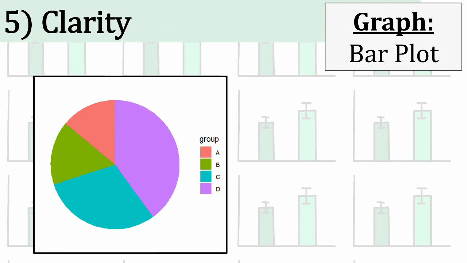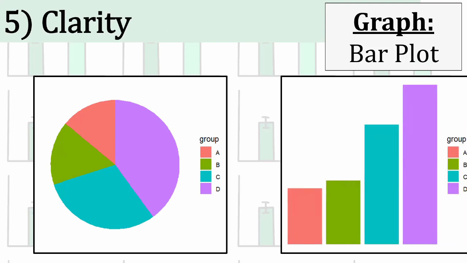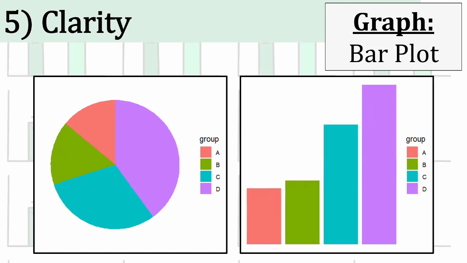Whereas with a bar plot, again I kept it simple and don't even have axes. In a good plot you would have axes, and if these were means you would have error bars. These are proportions, so you wouldn't. You can see very clearly how the proportions differ.